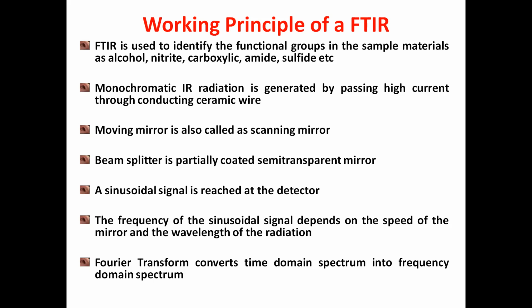That depends on the speed of the movable mirror, at what speed it is moving and creating the path difference, and the wavelength of that radiation. So Fourier transform converts the time domain spectrum into the frequency domain spectrum, because we are interested in at what frequency absorption occurs and how much absorption there is.